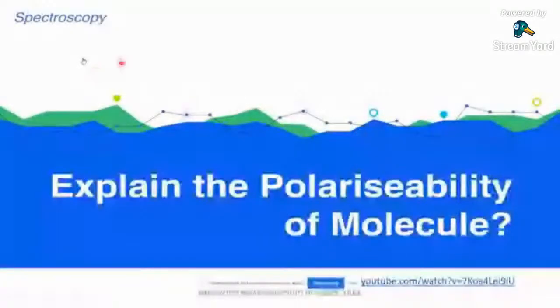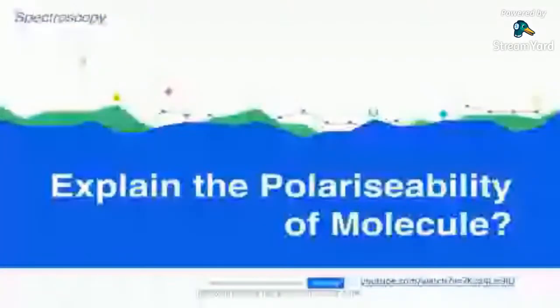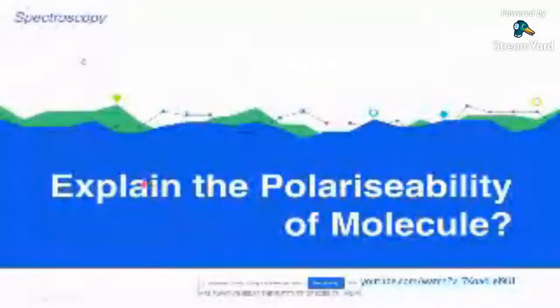And if this is the electric field which is being applied, then there comes some factor of polarizability. Polarizability is the induced dipole moment per unit strength of the electric field applied.